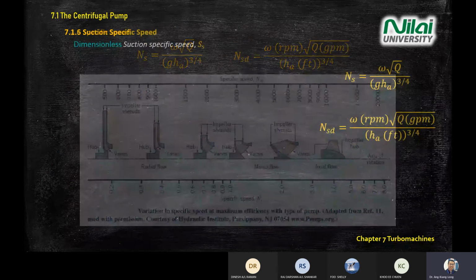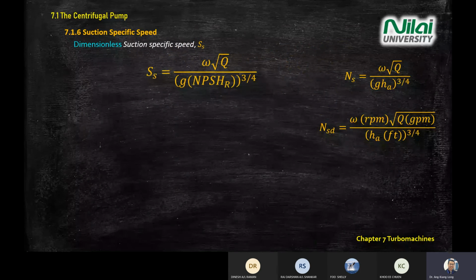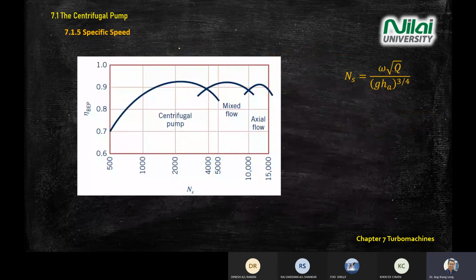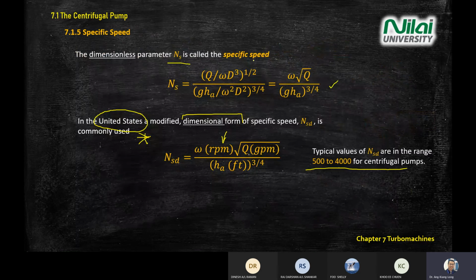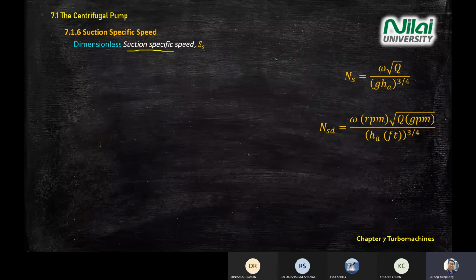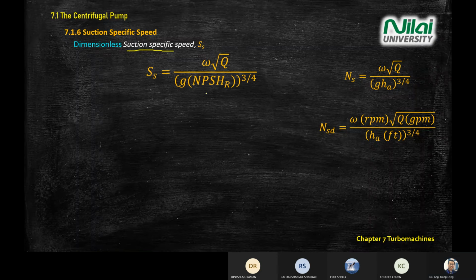What else? Okay, I think we have two more slides. Another one is called suction speed. Just now was the specific speed, NS. Another parameter when you study pumps is suction specific speed, given by this equation.